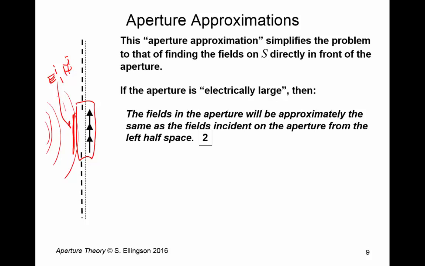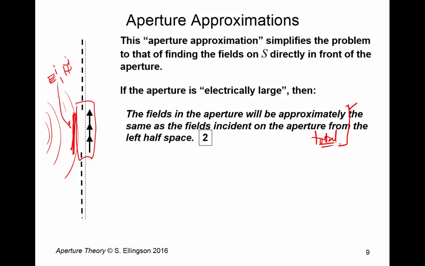And using the normal analysis principles, I say that those incident fields are the ones that exist in the absence of any structure or any scattering. In other words, they're simply due to the sources, as if they're in free space, isolated from everything else. So I can identify fields that are incident on the aperture, and then I can make the approximation that the fields that actually exist in the aperture, the total fields, incident plus scattered, will be about the same as the incident fields.